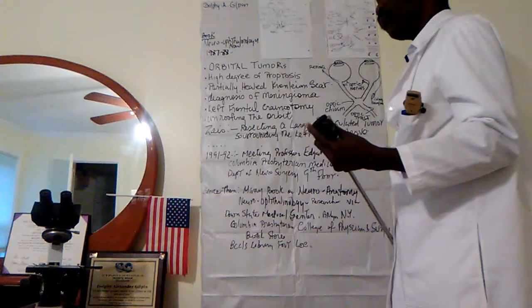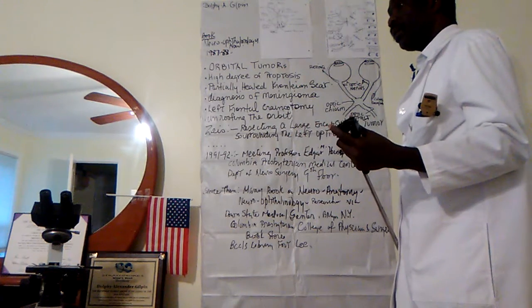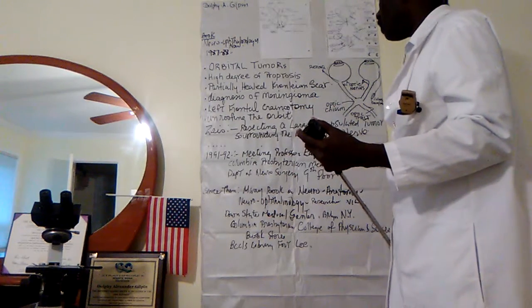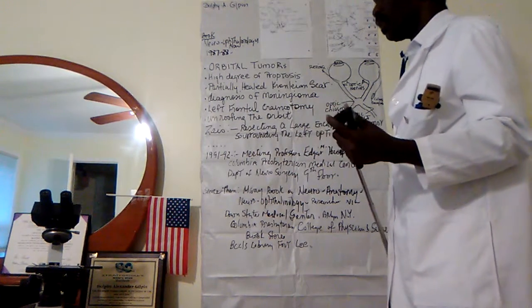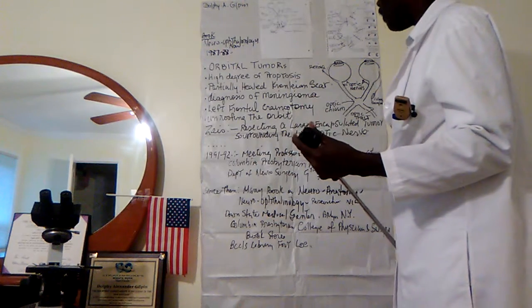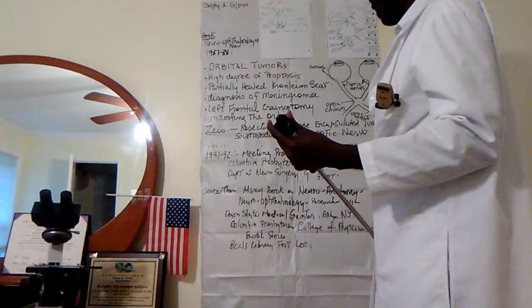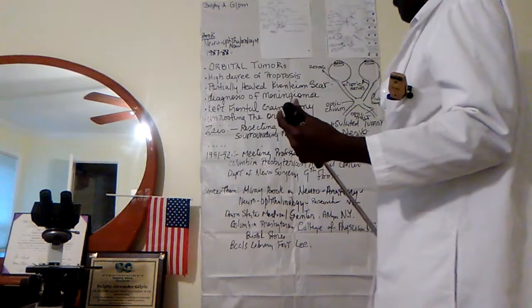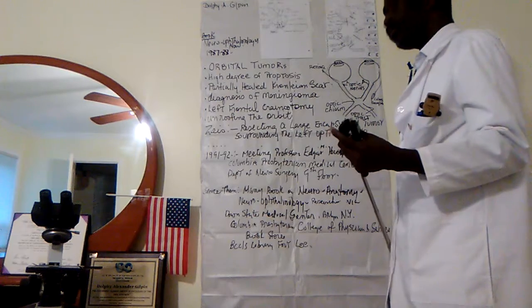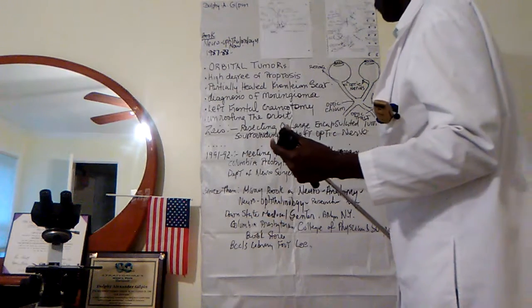And within that book was a series of abstracts, in particular on orbital tumor by Professor Edgar Gilpin, a professor of neurosurgery at Columbia Presbyterian Medical Center in New York, 116th Street, New York.